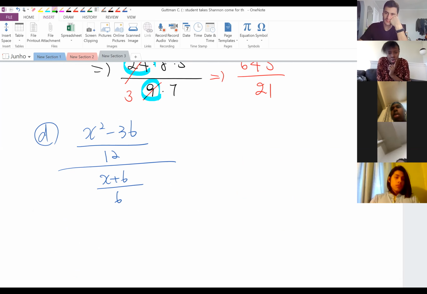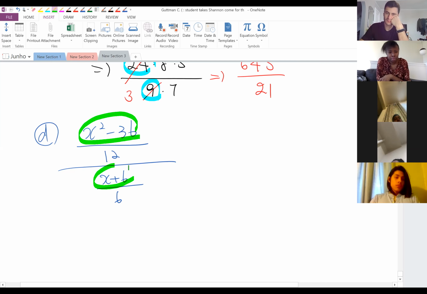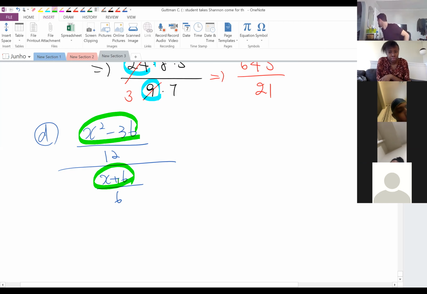So can I ask Chris? So we see a numerator, they are binomial expressions, right? Then what's the first step we should do before doing the same steps? You can expand x squared minus 36.